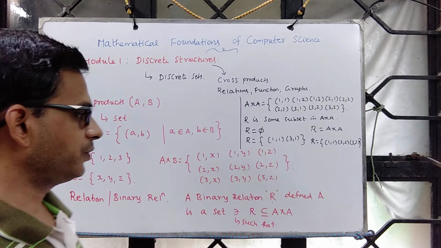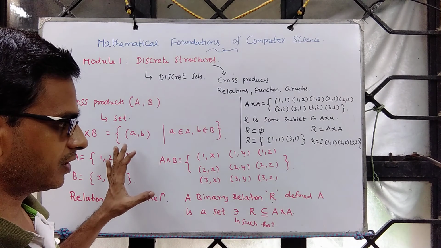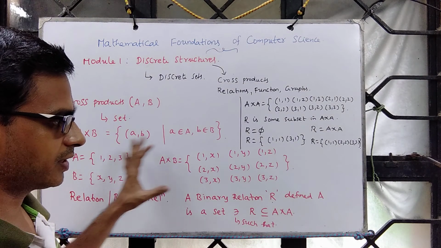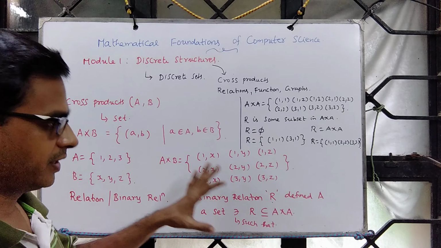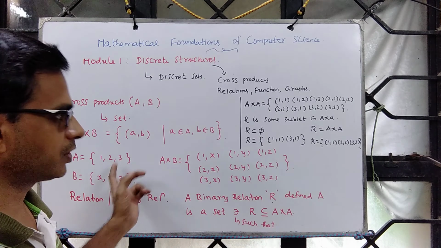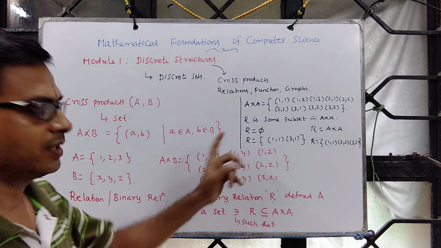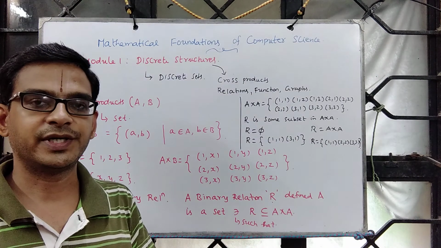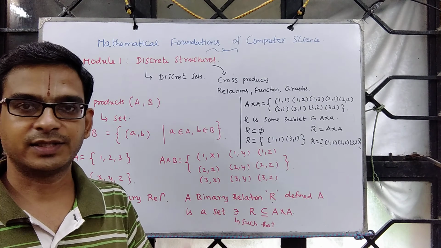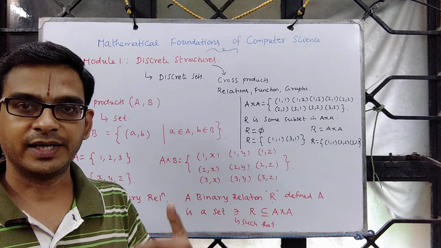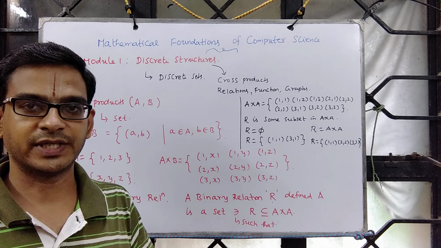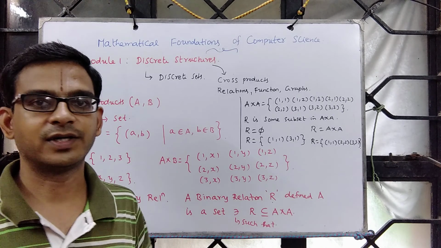So what we will do is discuss first order logic, then revisit cross product and relation, introduce some more properties, then start discussing counting problems and their applications in the field of computer science. That shall be our next focus.